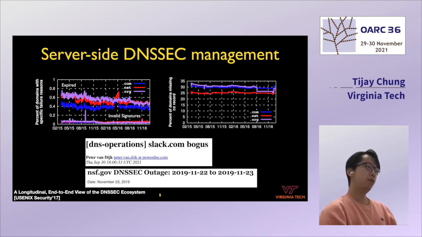But the percentage of domains missing a DS record is sometimes over 30%, which means there must be something wrong. And also, if you attended yesterday's talk, we all know that Slack.com experienced some DNSSEC outage because of its bogus status. And NSF.gov also experienced an outage for 2 days.